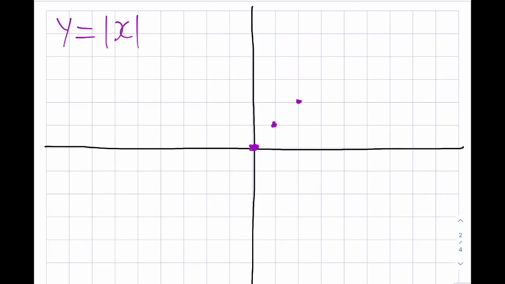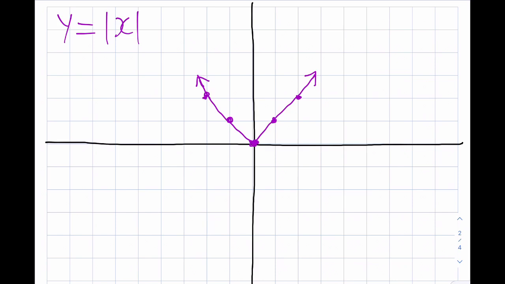And similarly, when x is negative 1, y will be 1. When x is negative 2, y will be 2. And if we connect these together, we will get a graph like that. So now this will be our y equals the absolute value of x.